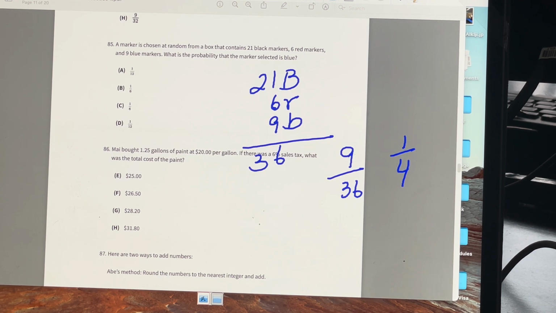21 black, 6 are red, 9 are blue. 9, 10, 16, carry 1, 36. 9 out of 36, divide that by 9, divide that by 9, and we get 1/4. Can I not see anything?